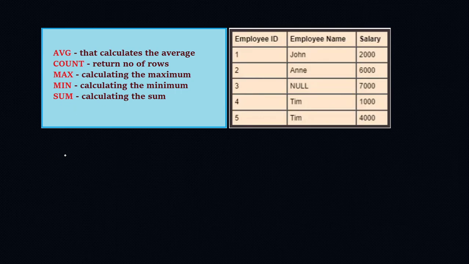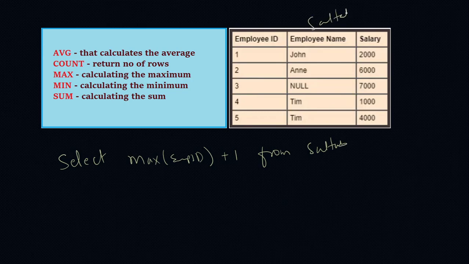So you have to write select max, okay, the max will give the last number. So max of the employee ID, so I'll just take EMP ID. Then it will return 5, plus 1 you have to take, from the salary table.